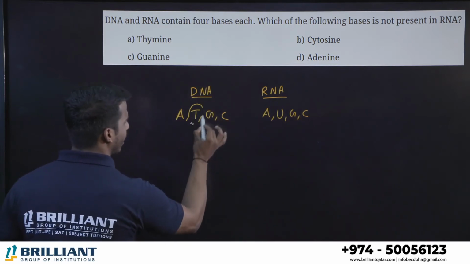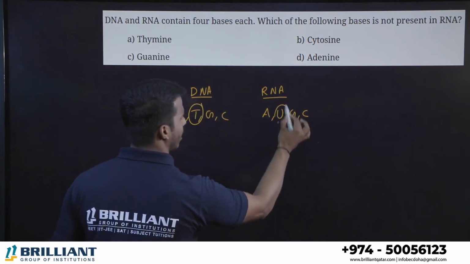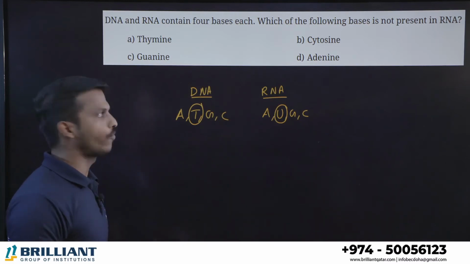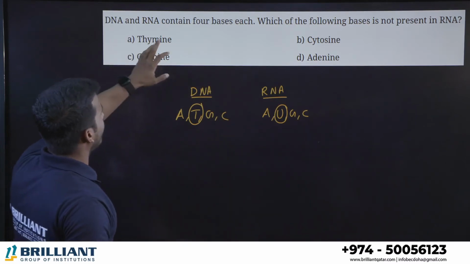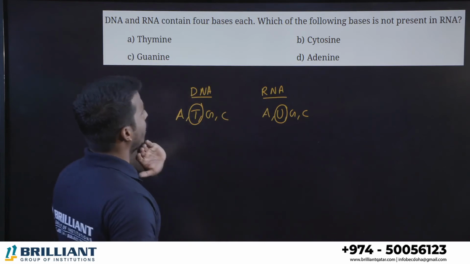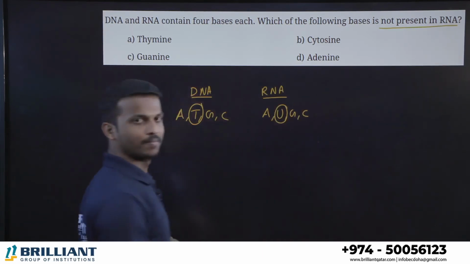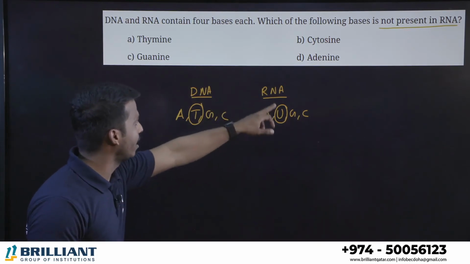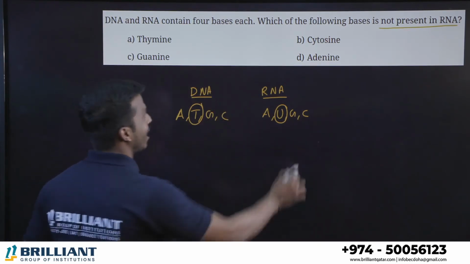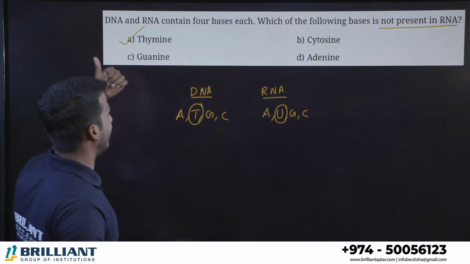So DNA contains thymine, instead of that RNA contains uracil. That's the only difference. So DNA and RNA contain 4 bases. Correct one. Which of the following bases is not present in RNA? Thymine. Thymine is present only in DNA.